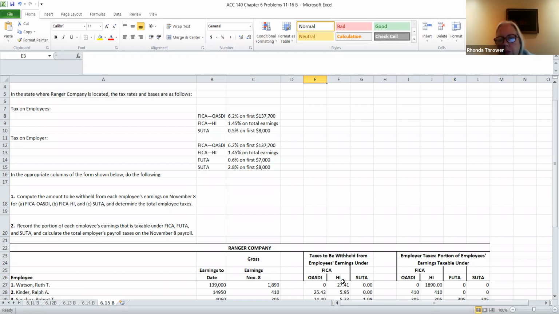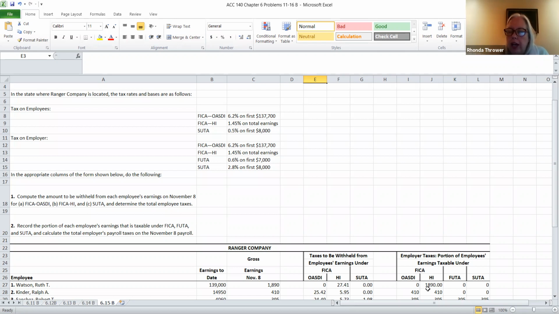So in these three columns, they want you to calculate the taxes that would be withheld from the employee's earnings. In these columns here, they want you to show the earnings that are taxable for the employer. And I want to make sure that you understand that these are earnings that they're calculating here.